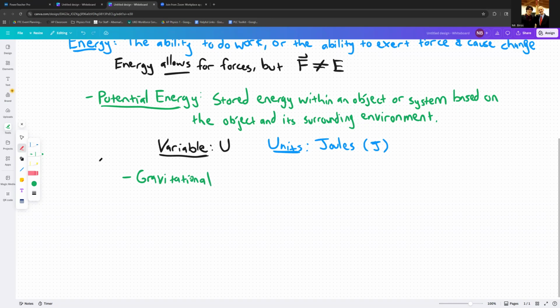And again, every time we go through these types of energy, we want to go back to that definition to say this type of energy that's present is allowing for some force to act. It gives the ability for a force to be exerted and for change to happen. So gravitational potential energy.